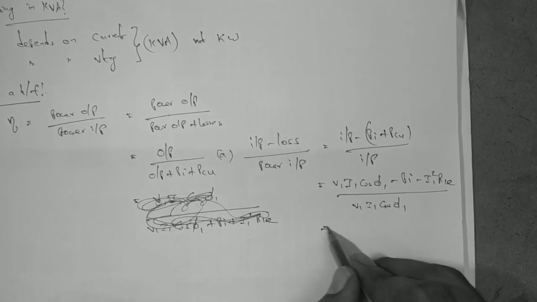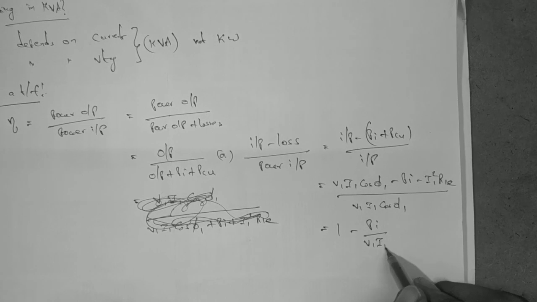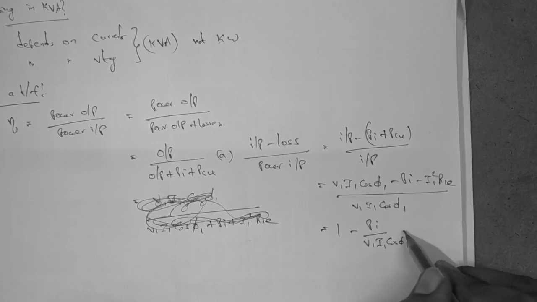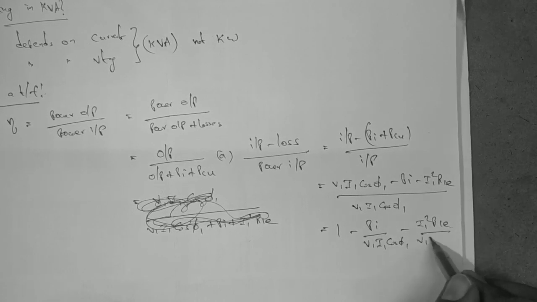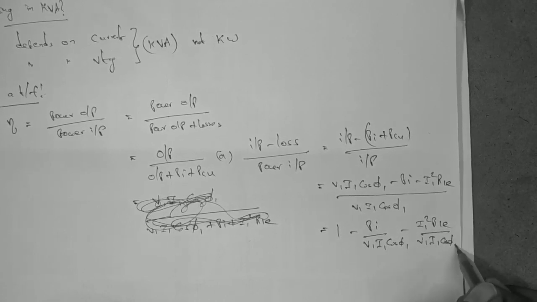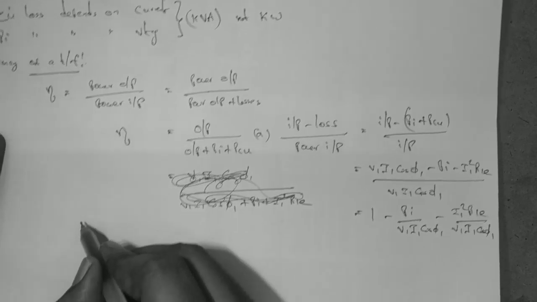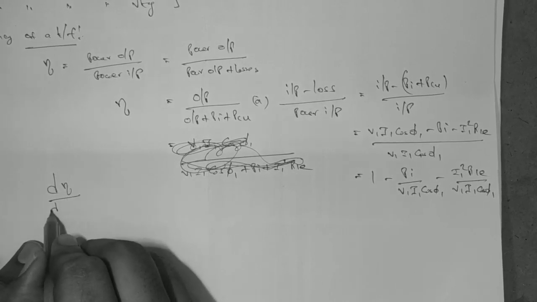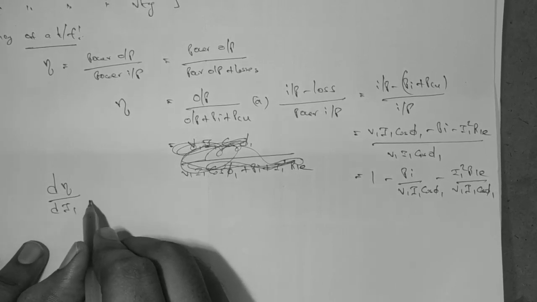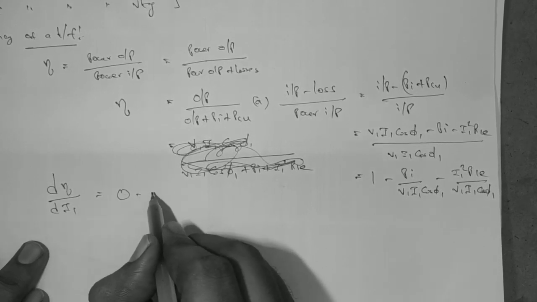If we divide these, we get efficiency equal to 1 minus Pi divided by V1 I1 cos phi 1 minus I1 square R1E divided by V1 I1 cos phi 1. This is the efficiency of a transformer. Now, if we differentiate this efficiency with respect to I1, that is d eta by dI1, the first term is 1, so its derivative is 0.